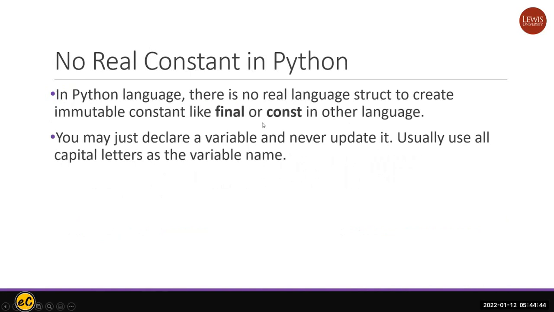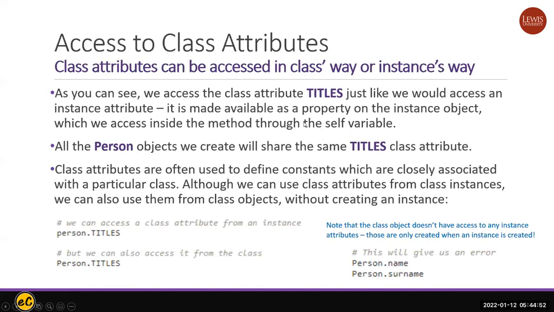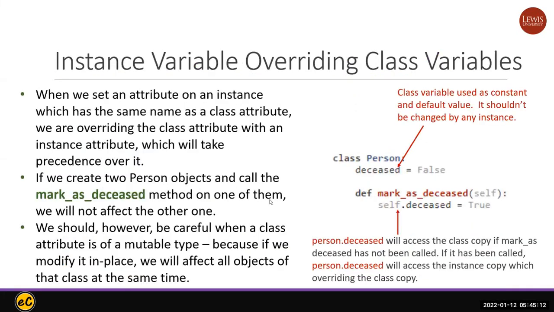In Python there's no real constant because they don't allow it, but you can mimic it using capital letters. The class attribute you can access using the object, and you can also use the class to access it. But an instance variable you cannot access using the class. Here the instance variable overrides the class variable. The class variable is a constant, a default value.